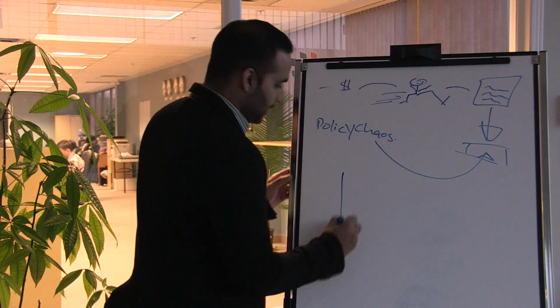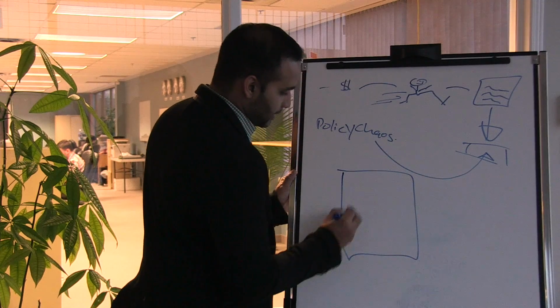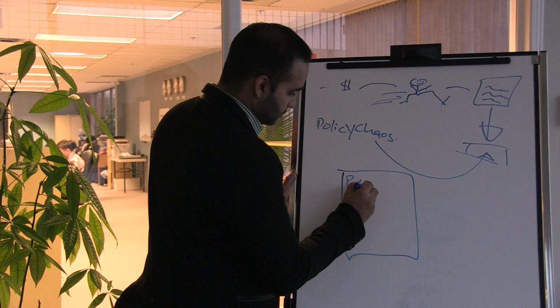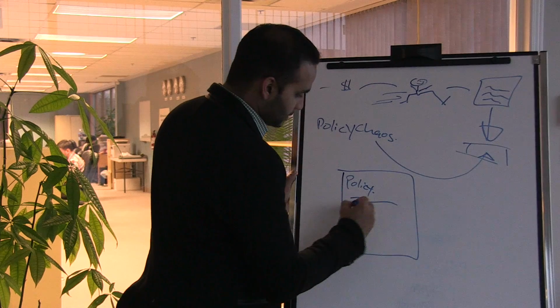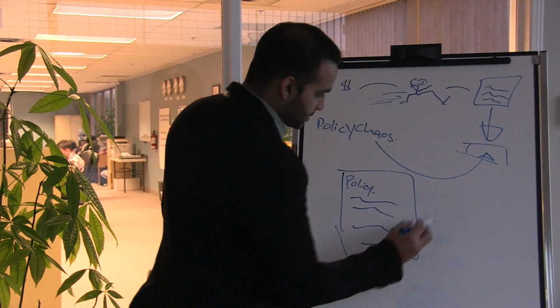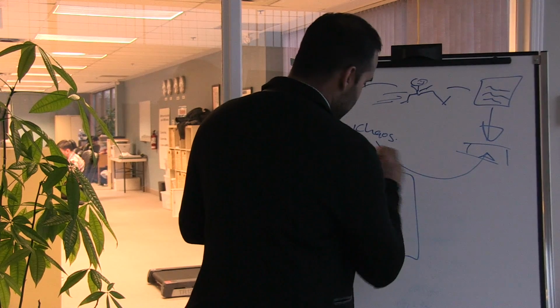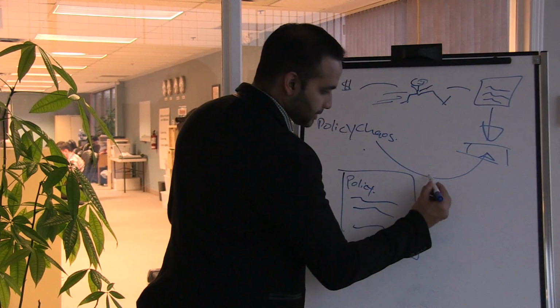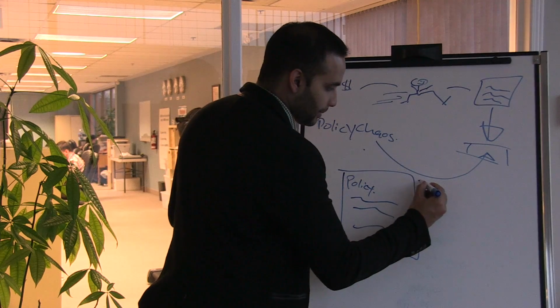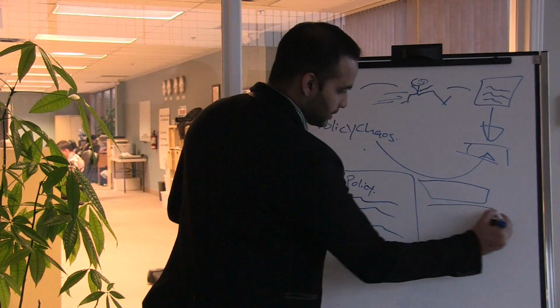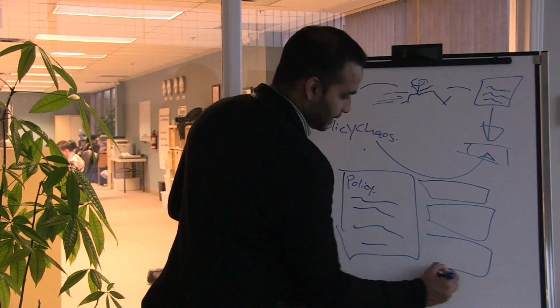So for example, if you imagine this as a policy, this will be your policy here that you're viewing in any system. Now somewhere near the policy, either at the top or at the side, I'll just do it here because you can see it probably in the camera a little bit better, you're going to have several fields that you can start filling out.